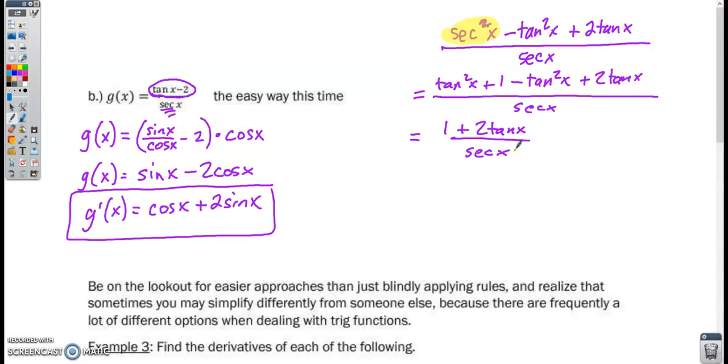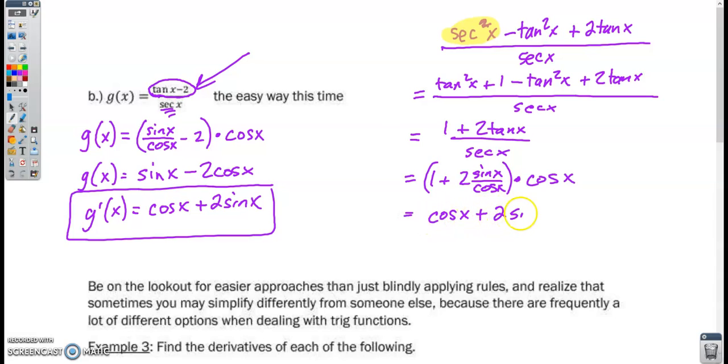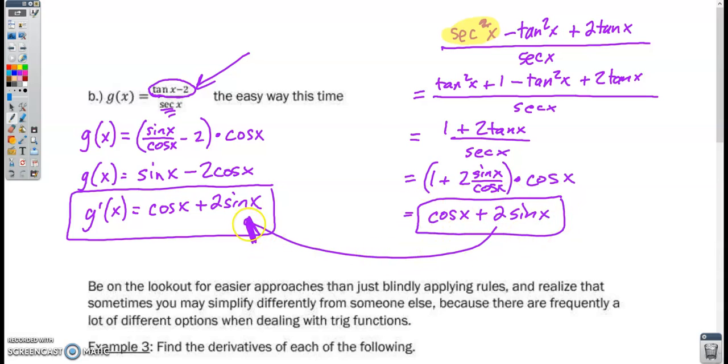And then, of course, I can do something similar to what I did here. I can turn this into 1 plus 2 sine of x over cosine of x, that whole quantity times cosine of x. Can distribute the cosine through. And boom, I get to the exact same derivative.